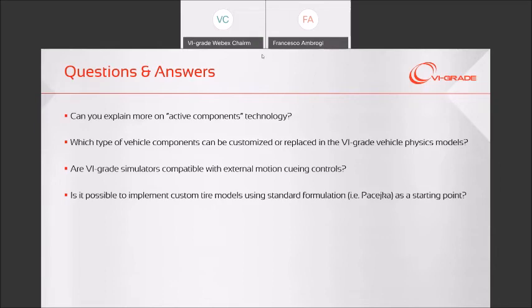At the same time, we do provide active system for the brake in order to be able to give a realistic feedback related to the specific vehicle that is going under testing for what regards the brake feeling, or again for what regards the steering, we are able to replicate the steering feedback, which is coming from a combination of the vehicle dynamics and physics with the assist that is provided within the vehicle.